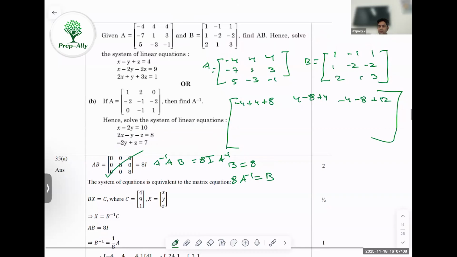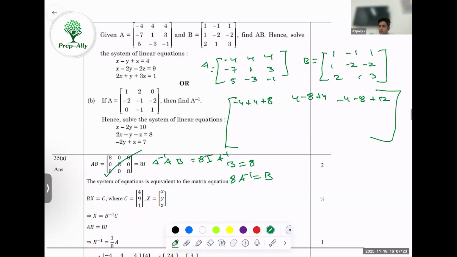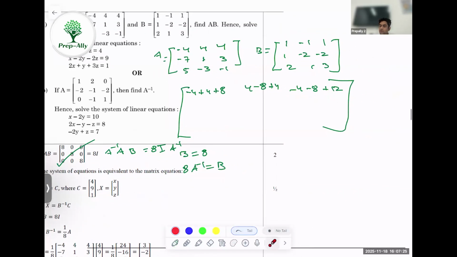Now, the next part of these kinds of questions generally is to form the linear equations, that is, to represent these equations in terms of matrices. So how would I do that? This is standard. So what we can do is I'll write it over here. We always make a column matrix of variables, that is x, y, z.